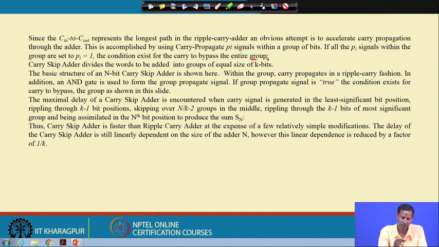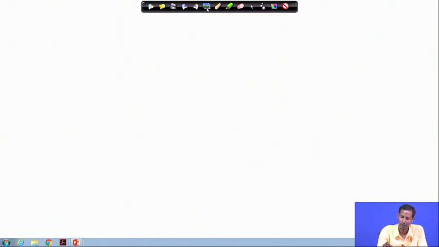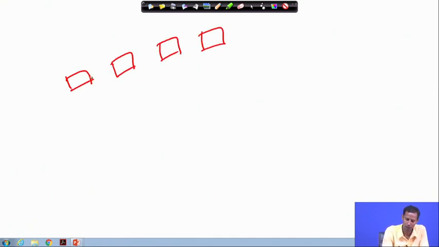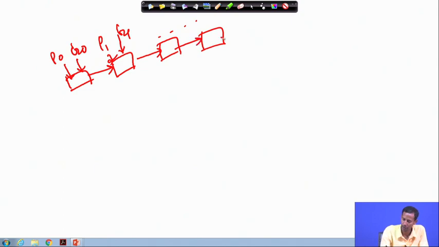So, in the last class what we have seen is that, suppose I am having this. Okay. So, this is my P0 and G0, then this is P1 and G1, something like this, which are connected.